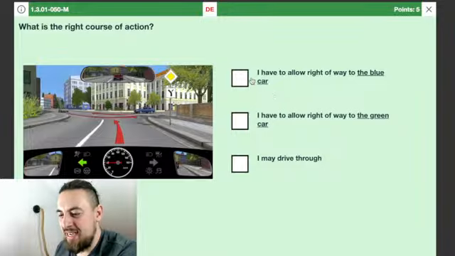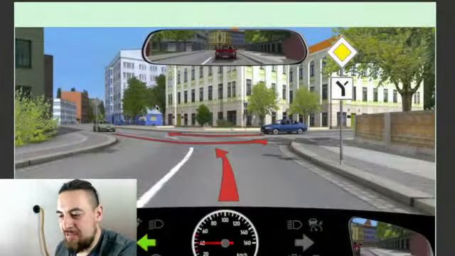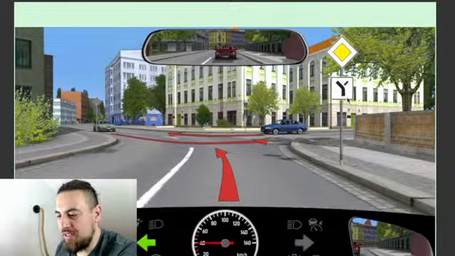So let's explain it. I may drive through is the correct answer, because if we check this picture, you're on a priority road and we are following it. So the car on the right and on the left has to wait.